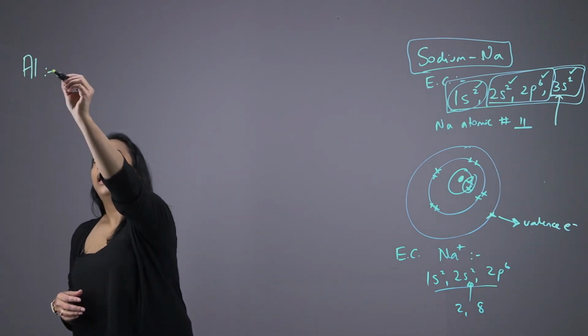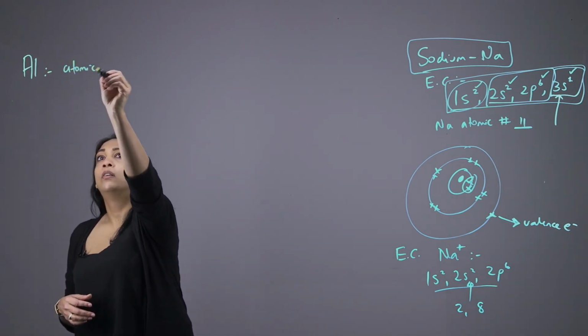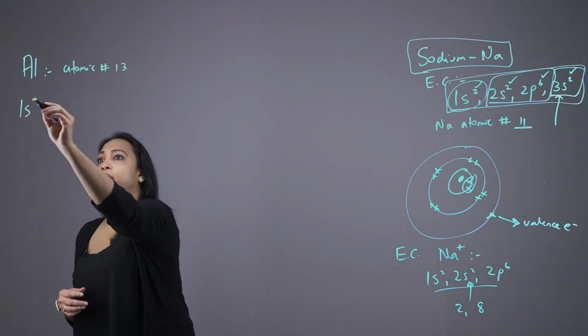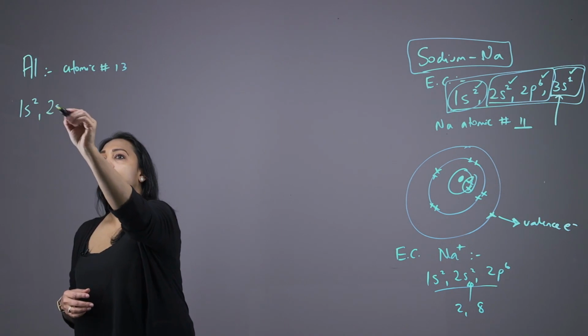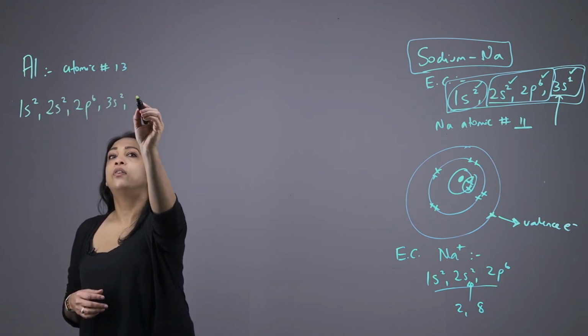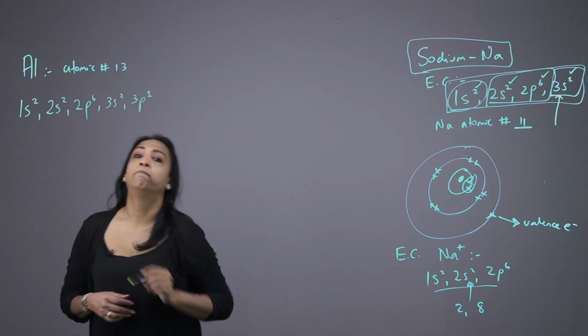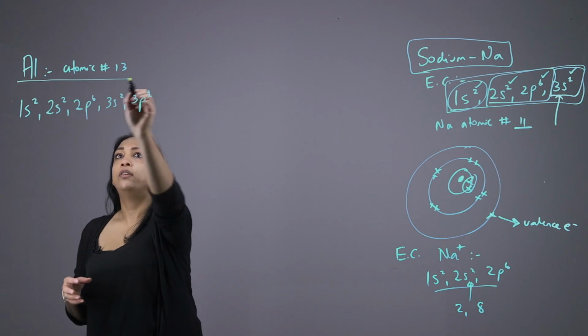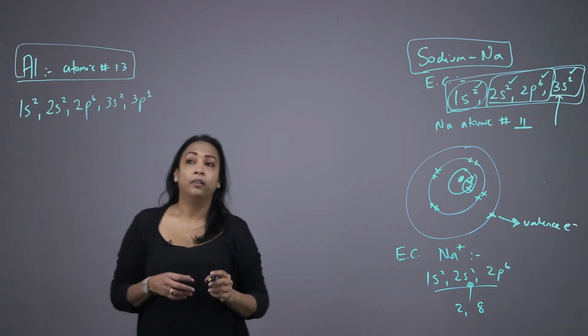So aluminium has an atomic number of 13. So we can write the electronic configuration of aluminium: 1s2, 2s2, 2p6, 3s2, and 3p1. This is the electronic configuration of my electrically neutral aluminium atom.